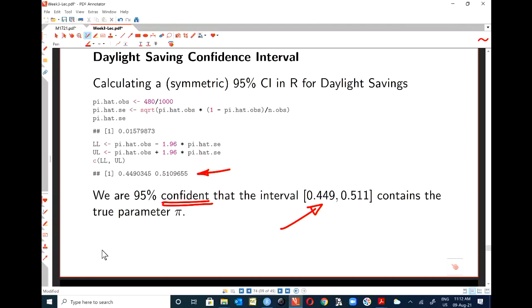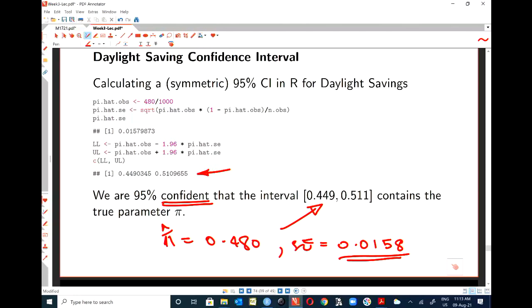My preference would be to use this idea here. Pi hat is 0.480, and the standard error here is 0.0158. That tells me how accurate my estimate is. It's within 1% or so, almost 1.5% or so.